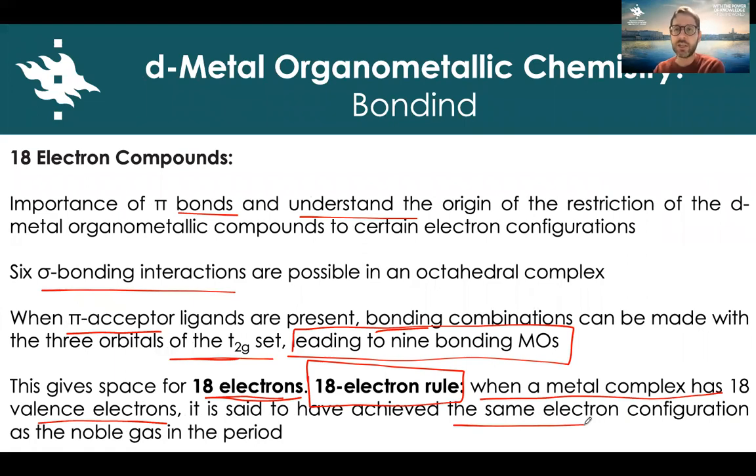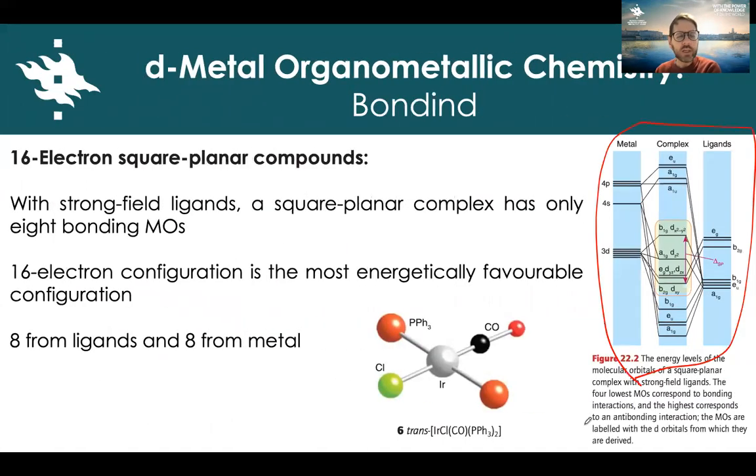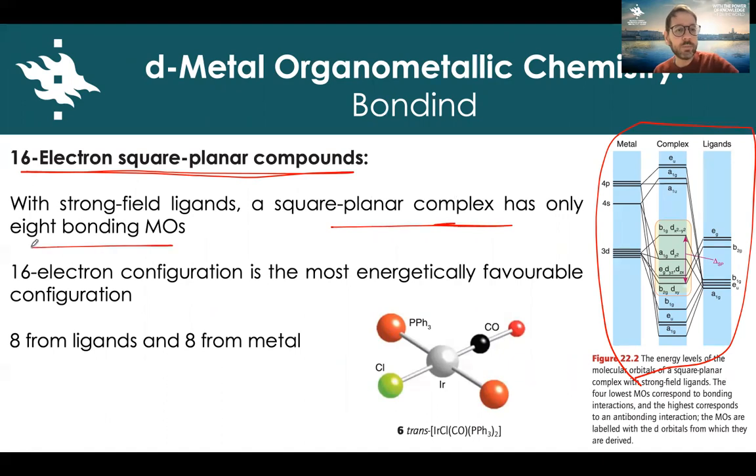So it's the highest increase in stability by the ligand field that is possible. Some deviations can occur, for example, for square planar complexes in which we can have 16 electron species, because with strong field ligands, a square planar complex will have only 8 bonding orbitals. So in this case, we will have 16 electrons.